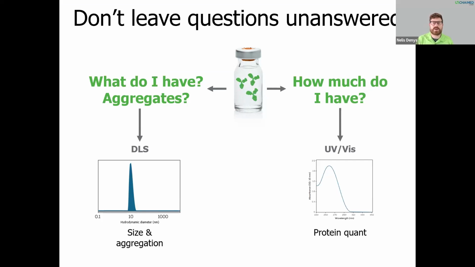But old school ways are one sample at a time, and they only provide answers on one or the other, resulting in more precious sample and hands-on time required to get all the data you need. And you need multiple tools to do that, and again, they all come with their own skills and their cost. Not to mention the extra time it takes to combine and analyze results from multiple instruments.